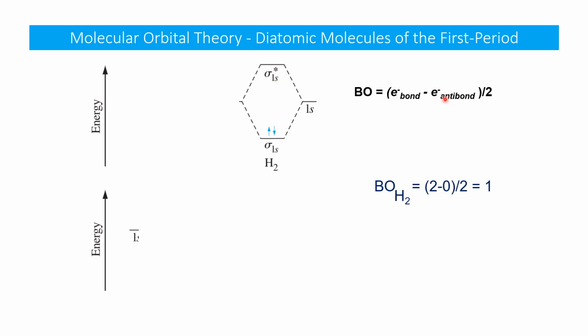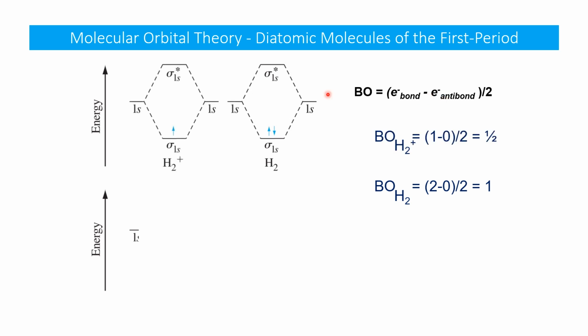So the bond order is 1. It's really defining the H-H bond. It's a single bond. But if you look at H2 plus, you can see it's a 1 electron system, and herein the electrons in the bonding orbitals is 1 minus the anti-bonding 0 divided by 2, and you have a bond order of a half.